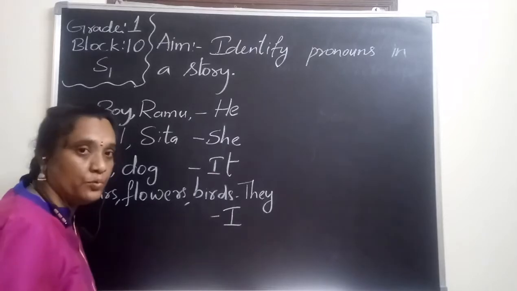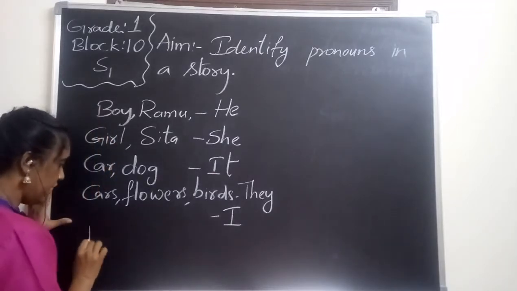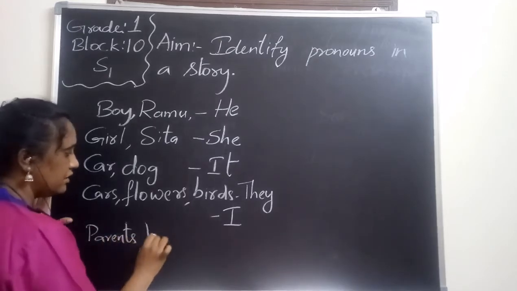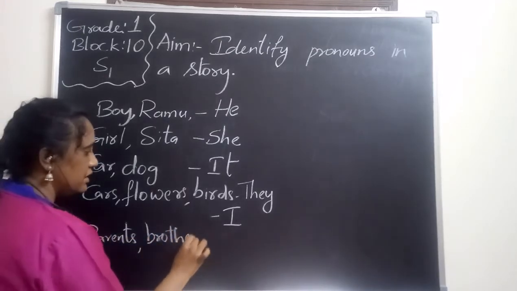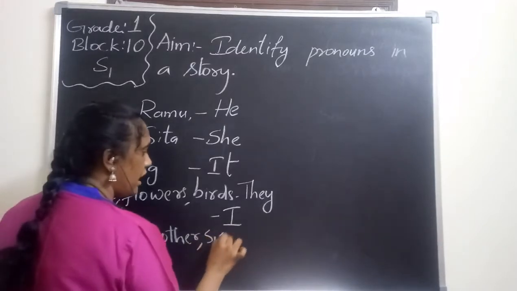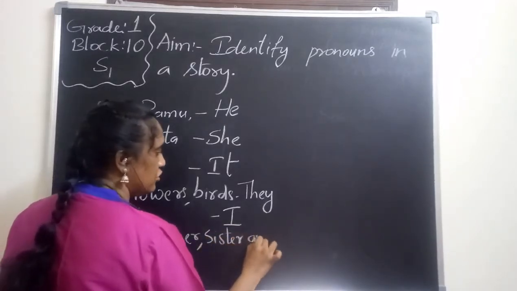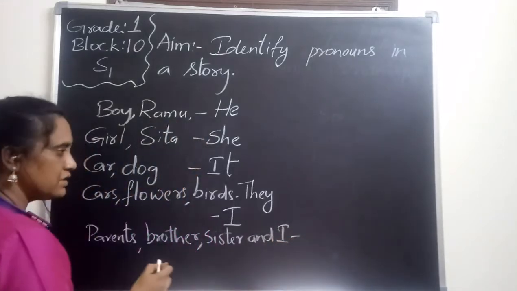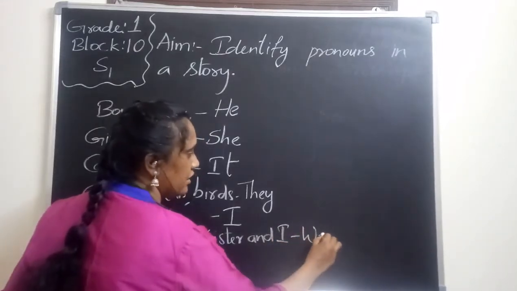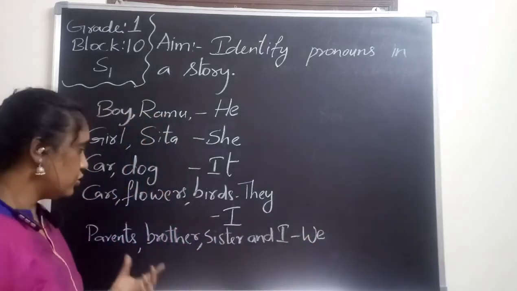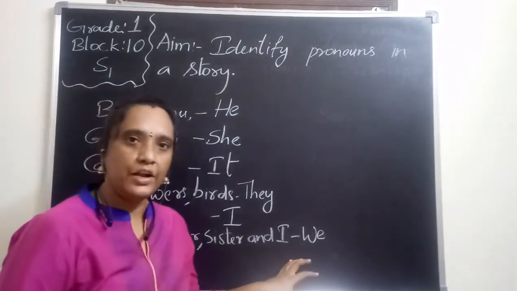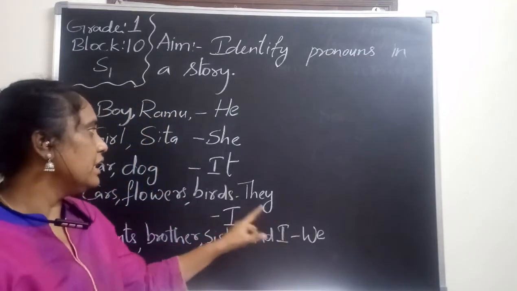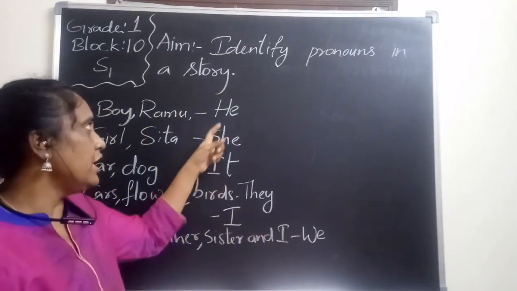So along with you, that means your parents, brother, sister and I. If these many are there, a combination of all these, we use we. So for the combination of all and yourself, we use we. So I, we, they, it, she, he.